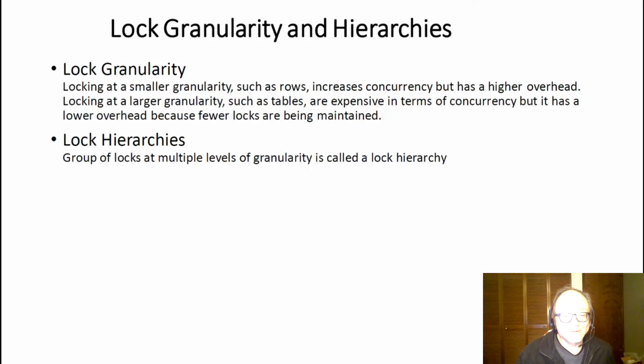Locking at a larger granularity, such as tables, will decrease concurrency. It will also minimize the overhead. A group of locks at multiple levels of granularity is commonly called a lock hierarchy.